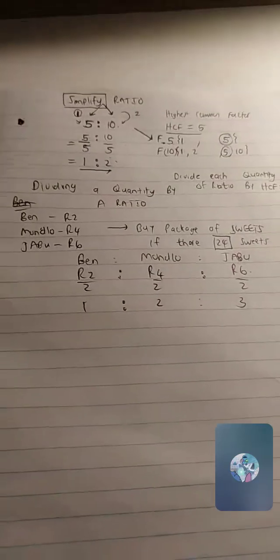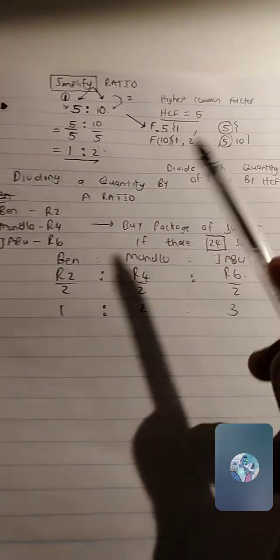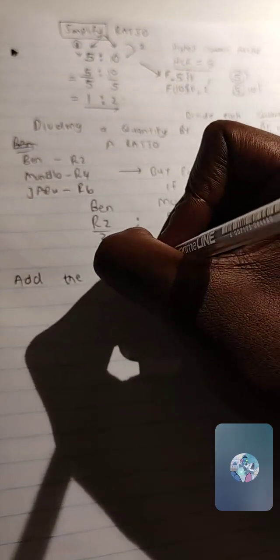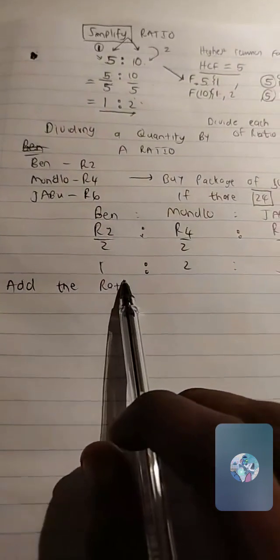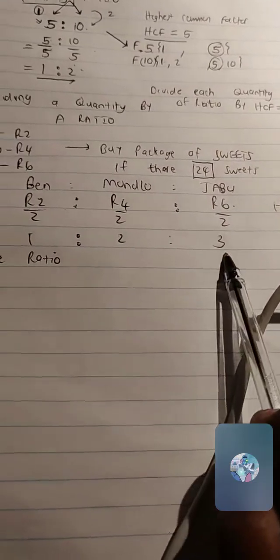Yes. So then here's the thing. When we are dividing a quantity by a certain ratio, what we usually do is we add the ratio. So we consider this 2 rand as 1 part, Mondlo's 4 rand is 2 parts, and Jabu's 6 rand represents 3 parts.